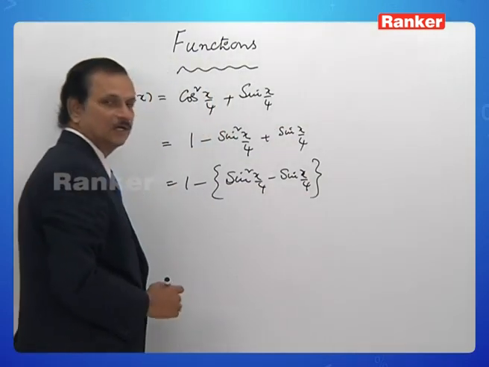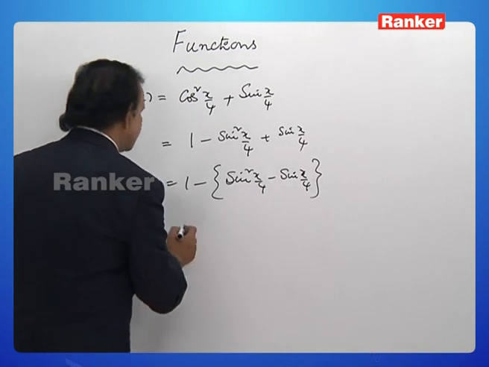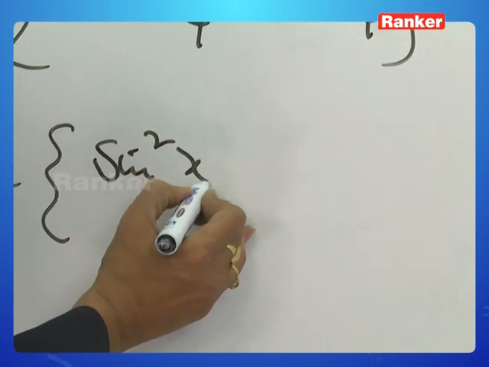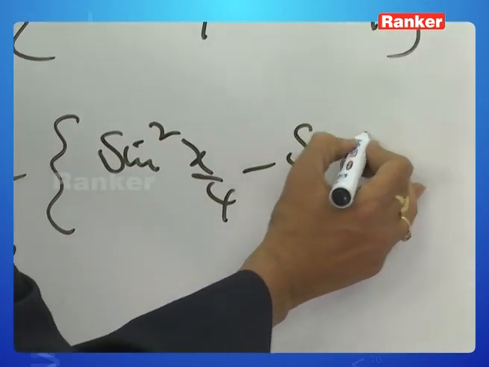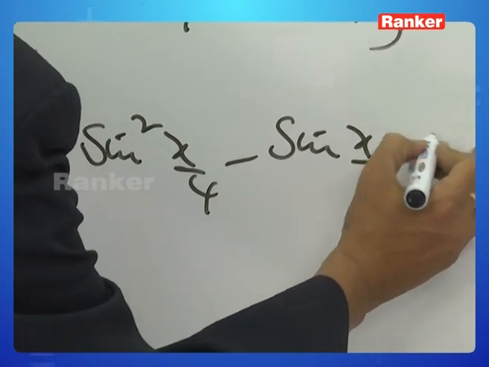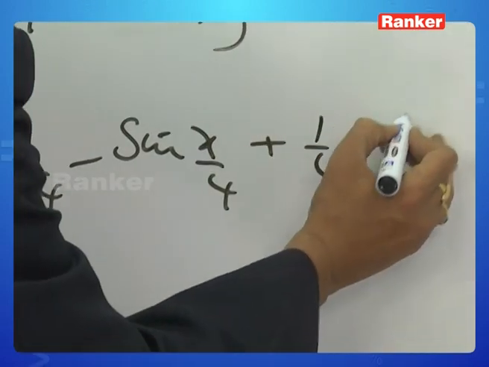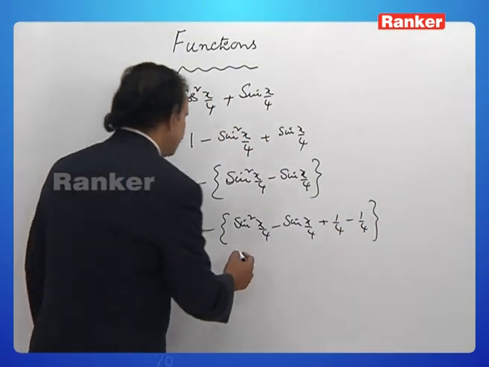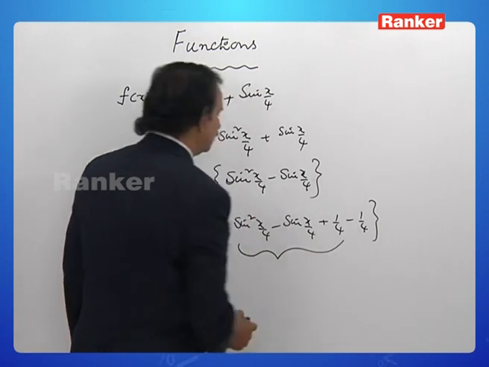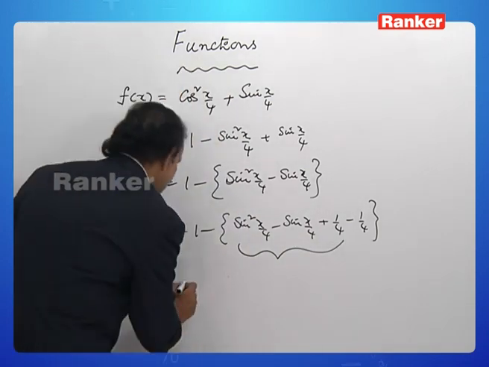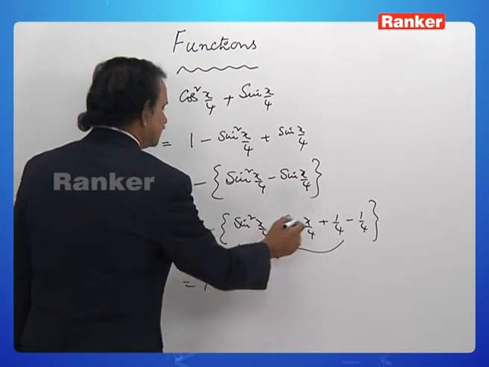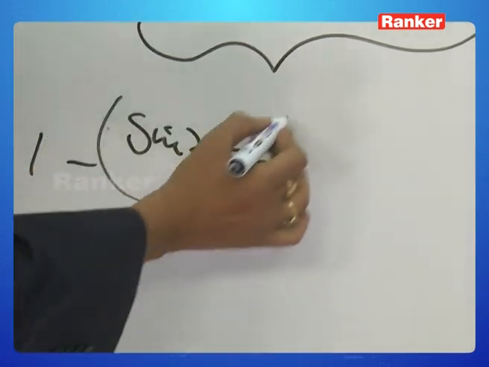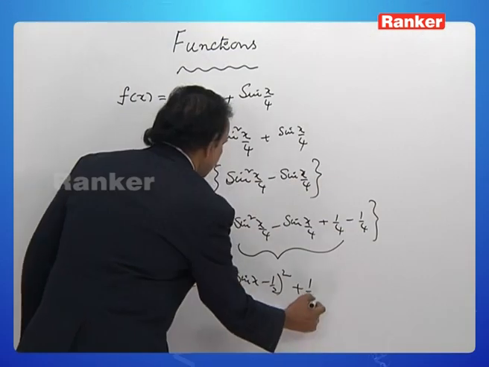I would like to observe this as a perfect square. Then what is to be added here? Sin square x by 4 minus sin x by 4, plus 1 by 4 minus 1 by 4. Observe these three. What do you say about it? This is equal to 1 minus, this is sin x by 4 minus 1 by 2 whole square, plus 1 by 4.